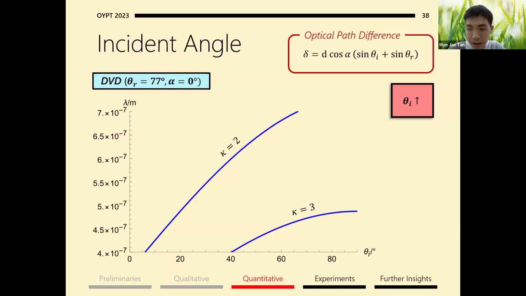As we increase the incident angle, because we limit the incident angle between 0 degrees and 90 degrees, the sine factor from 0 to 90 degrees is strictly increasing. So when we increase the incident angle, the path difference will also increase, because the path difference equals kappa multiplied by lambda.